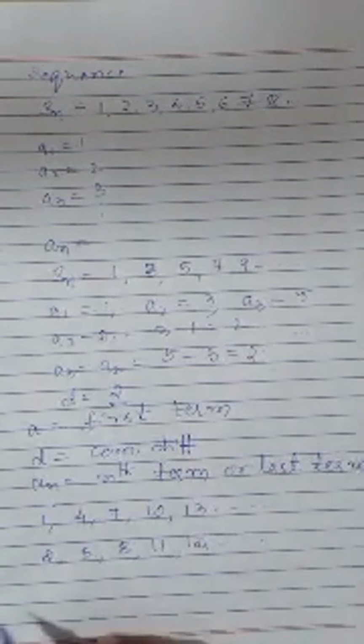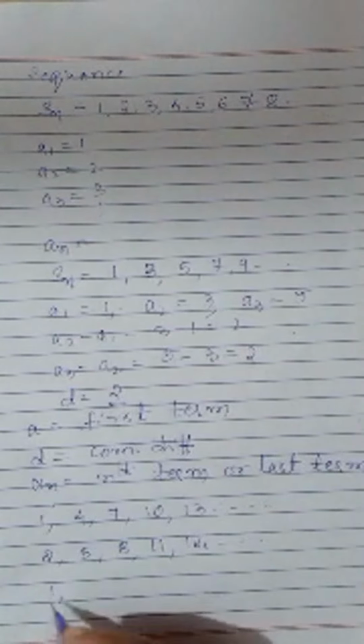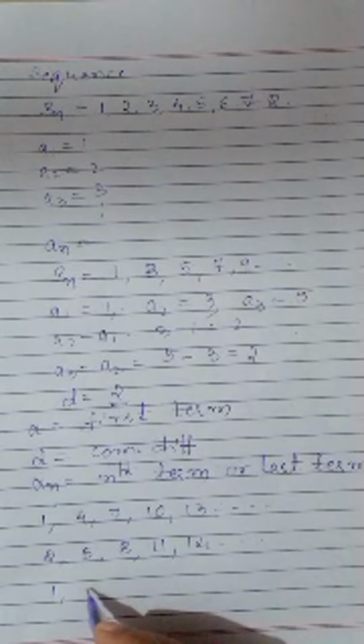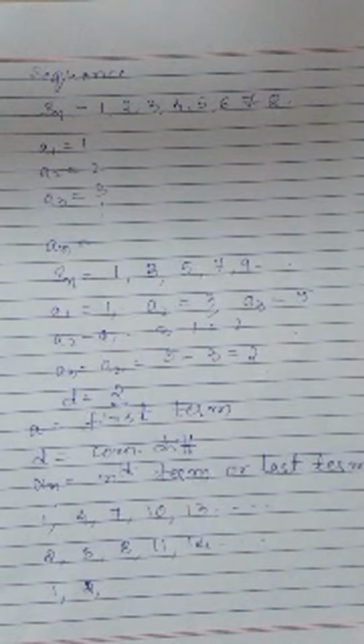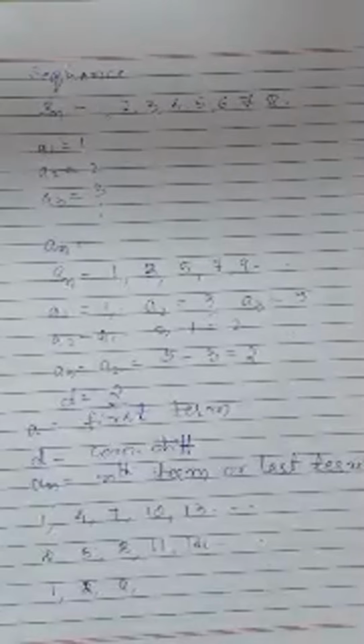For example, here the first number is 1, and to that we add the square numbers. 1 is the first square number. So 1 plus 1, 2. The next square number is 4. 2 plus 4, 6. The next square number is 9. 9 plus 6, that's 15.